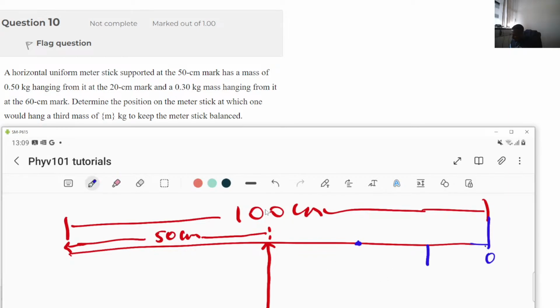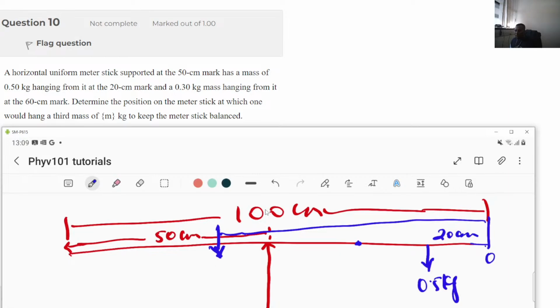This is 20. Then I know this 20 centimeter is 0.5 kg. Then the 60 is going to be here, because this is 50, it passed it, it's going to be down. And 0.3 kilogram.